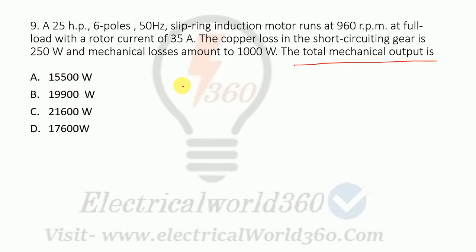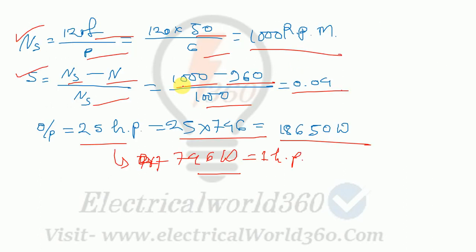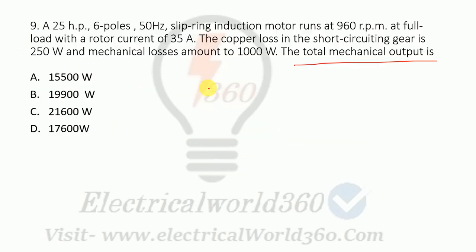Okay. So here you can see this is the mechanical loss amount, that means 1000 watt, and this is the short circuit copper loss in the short circuit gear.